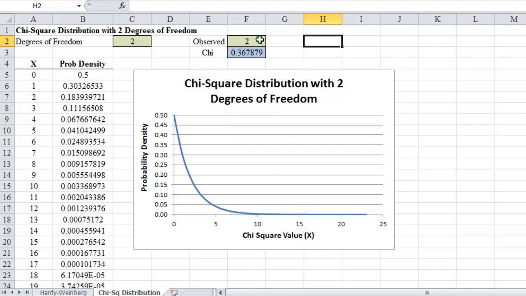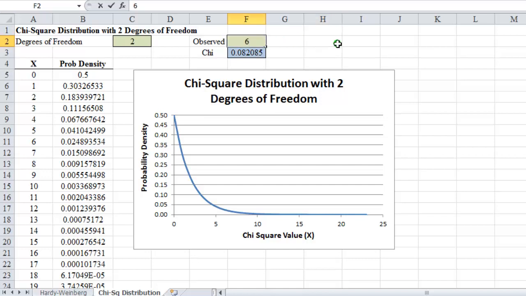So here you can see the number 2 is not in the upper 5% region. What about the number 5? Well, the number 5 is at the 0.08 region. So 8% of the data under this curve fall to the right of number 5. So we would conclude that that's not significantly different than what Hardy-Weinberg predicts.